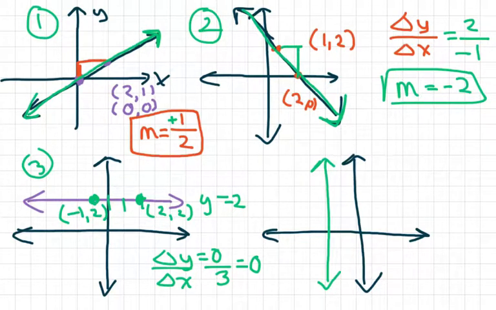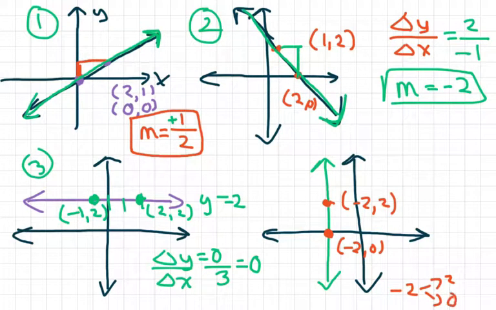Okay, on this one, I'll pick two points. This is (-2, 0), and this one's (-2, 2). Notice right away this is not a function. It doesn't pass the vertical line test because it is a vertical line. Negative 2 is paired both to 2 and 0 and to everything else.